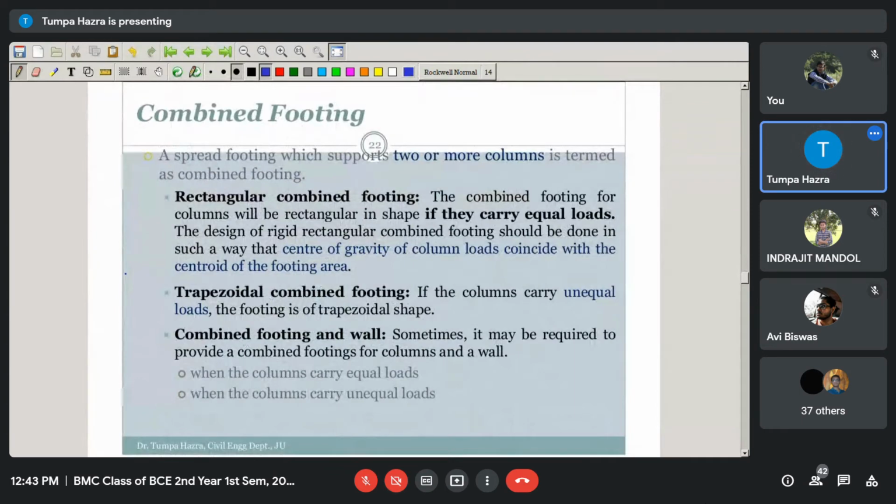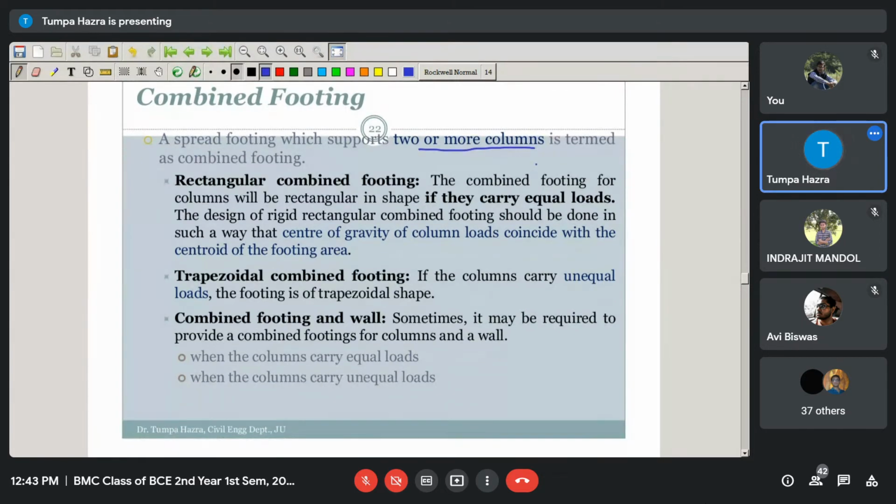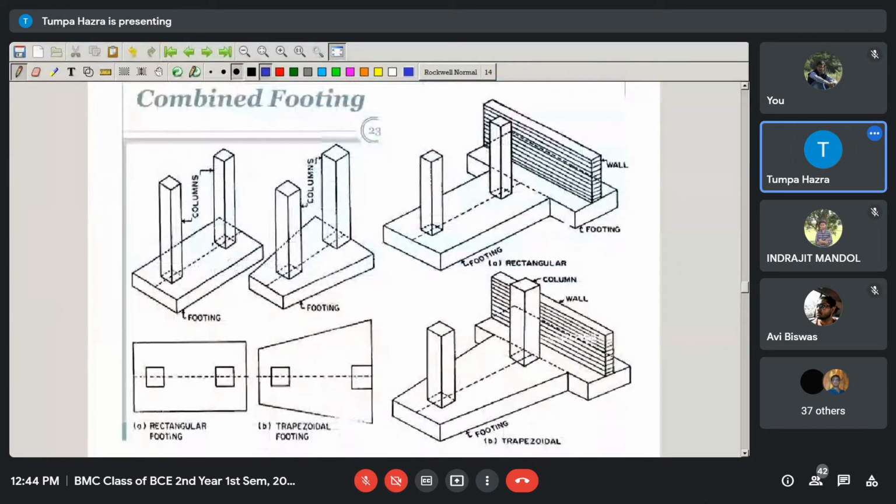Whenever a single footing is constructed to support two or more columns, it is termed a combined footing.